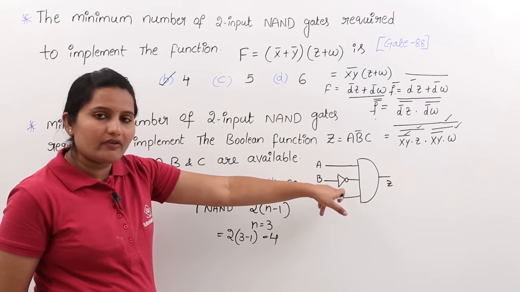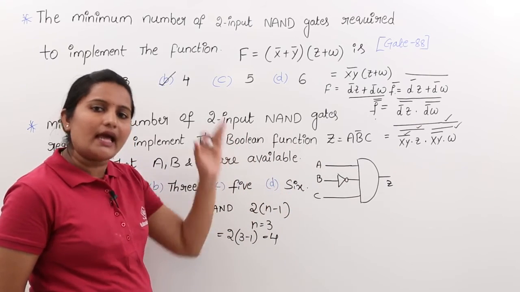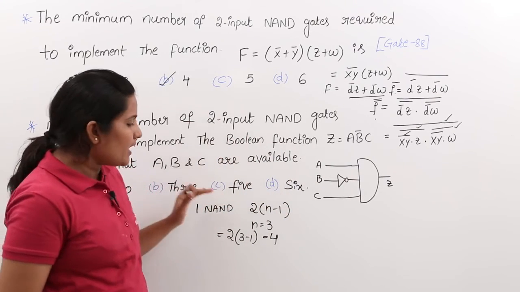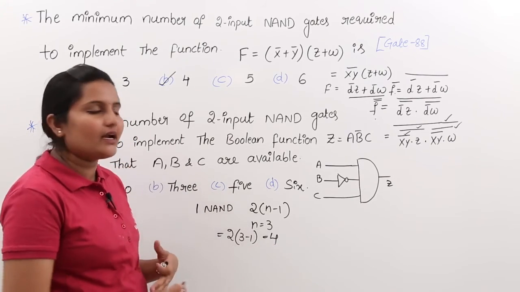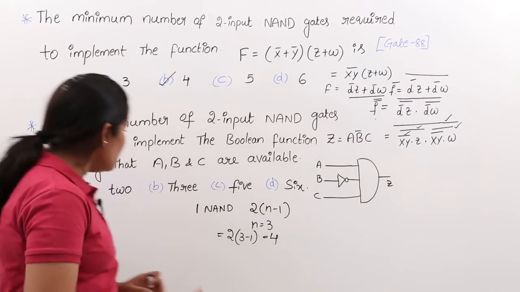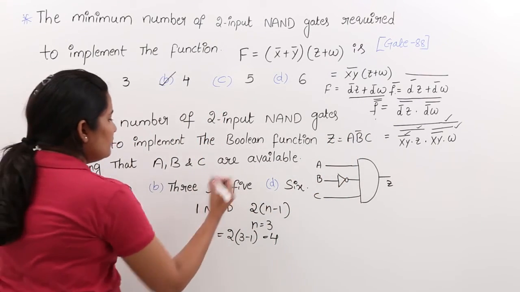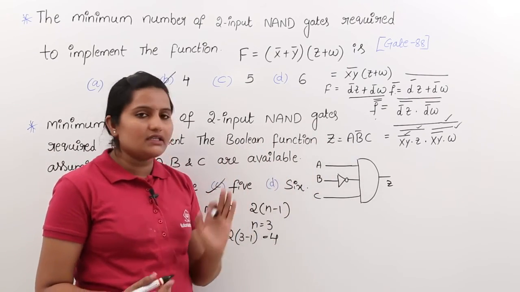To make B bar we are considering an inverter, and for that inverter you need another extra NAND gate. By adding that extra NAND gate to these 4 NAND gates, totally 5 NAND gates are required to implement A, B bar, C. So totally 5 2 input NAND gates are required to implement this function.